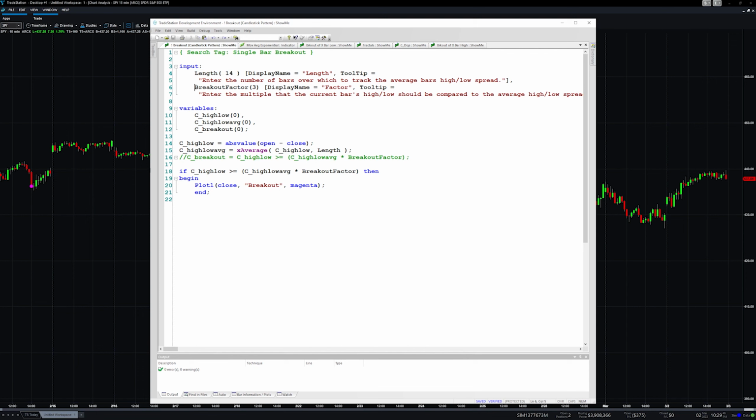And then our breakout factor, our second input, is us saying this is a multiple. So this is 3x. We have it as 3, and so we're saying when our current bar is 3 times the size of the average of the last 14, or 2 times or 4 times. That's what this breakout factor is going to be.